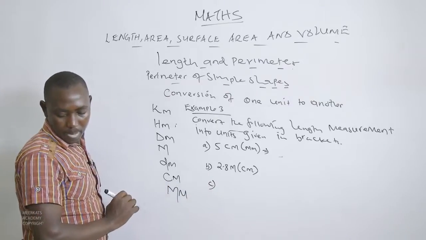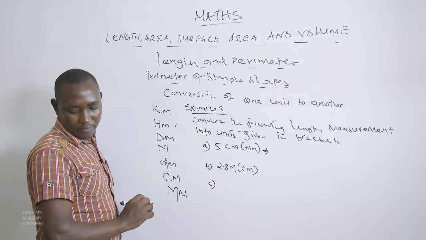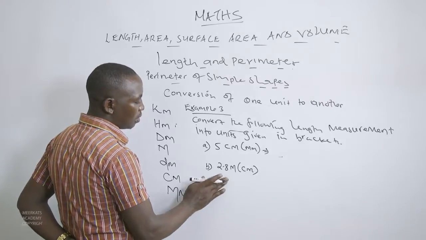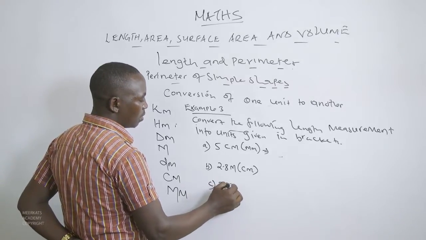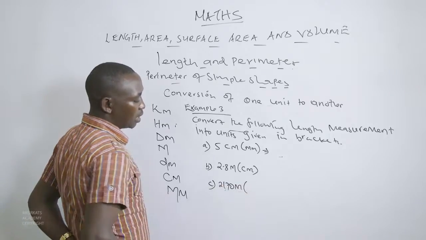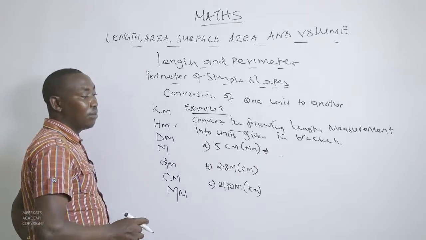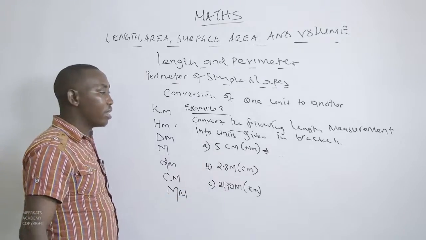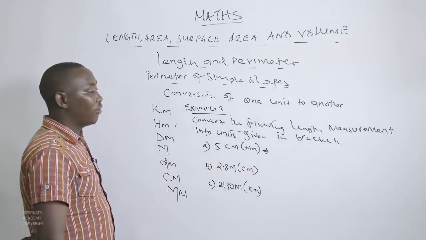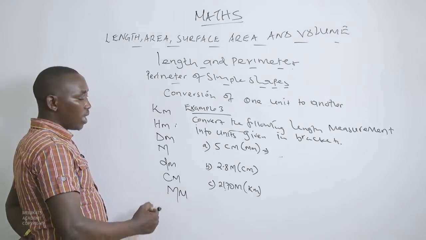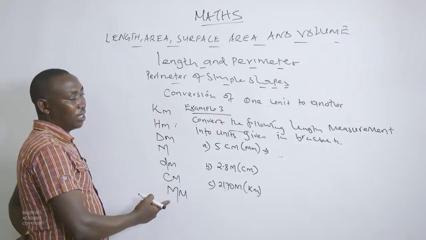C, we have 2170 meters, which is supposed to be converted to kilometers. So beginning with the first one, converting from centimeter to millimeter. We locate where centimeter is and where millimeter is.